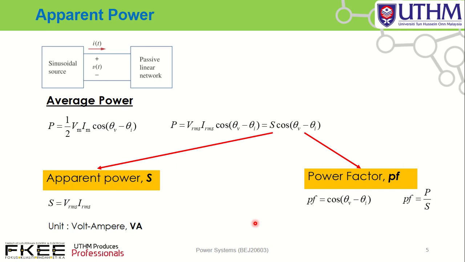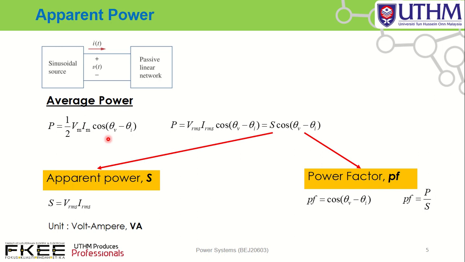In this slide we review apparent power, which we already discussed in chapter 2. Let's say we have a sinusoidal source, and then we have a passive linear network and load. Our source supplies a voltage and current, v(t) and i(t). The average power equals 1/2 Vm Im cos(theta V minus theta I), with maximum voltage and maximum current.